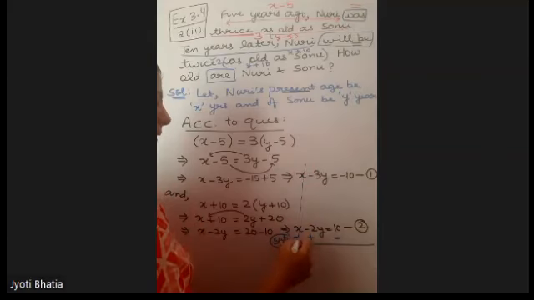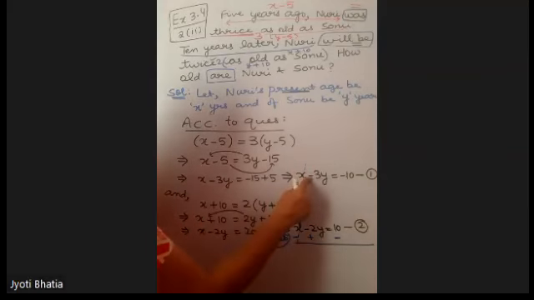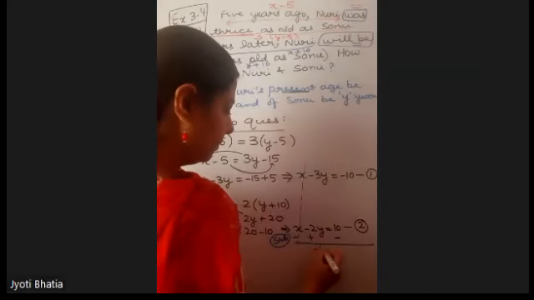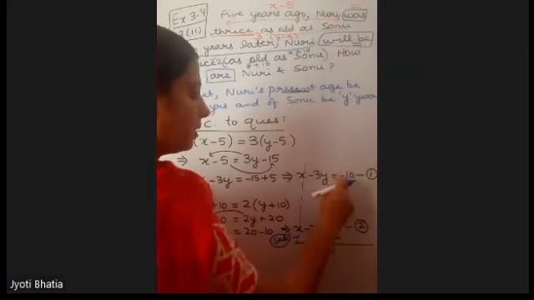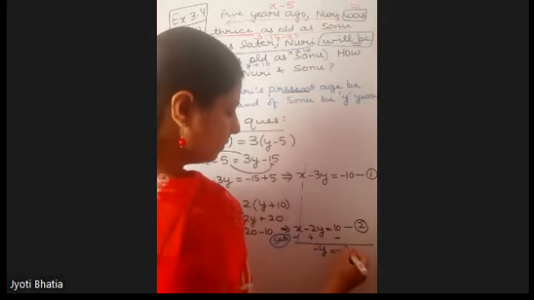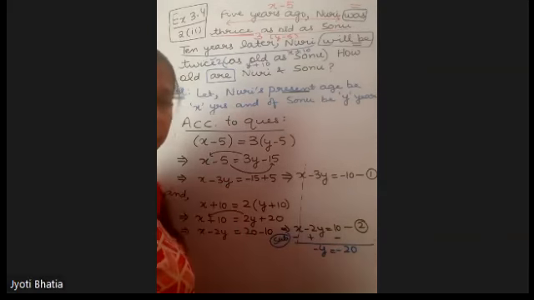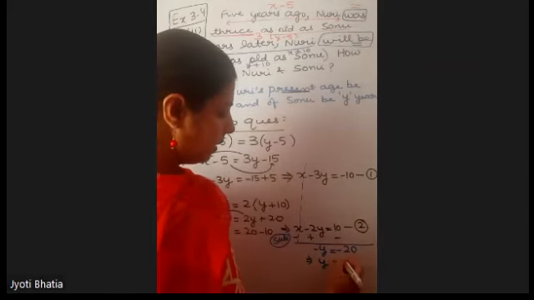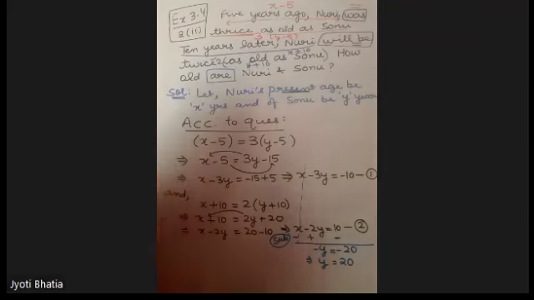So X and X cancel. Minus 3y plus 2y, what does it become? Minus y. Minus 10 minus 10, minus 20. So y is equal to 20.